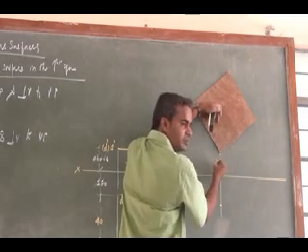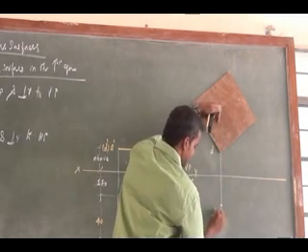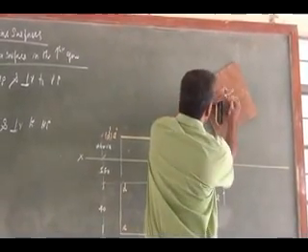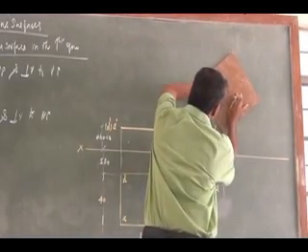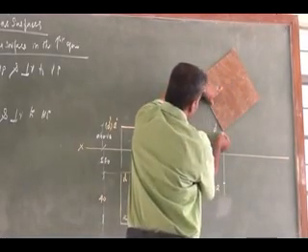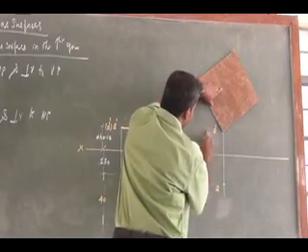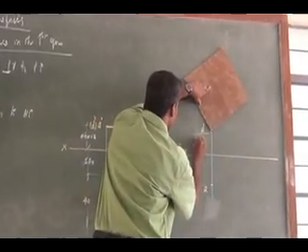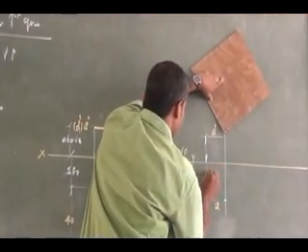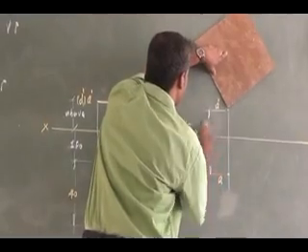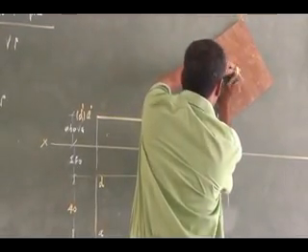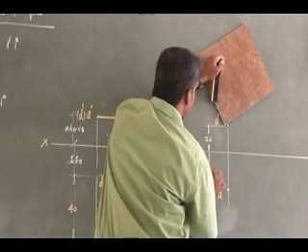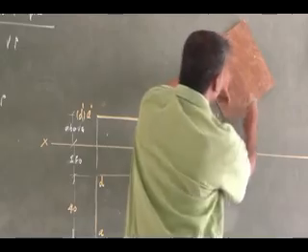So I can mark it as A dash. This is 20. This is 25.